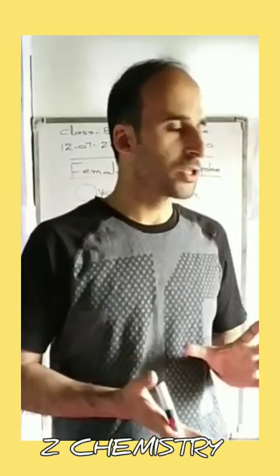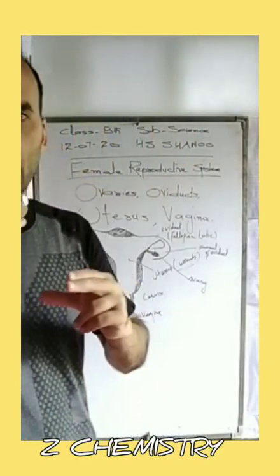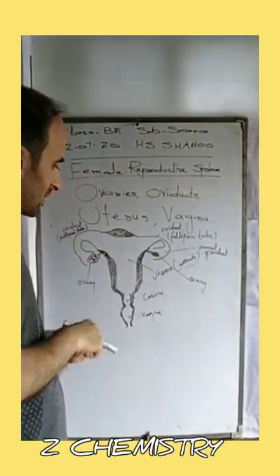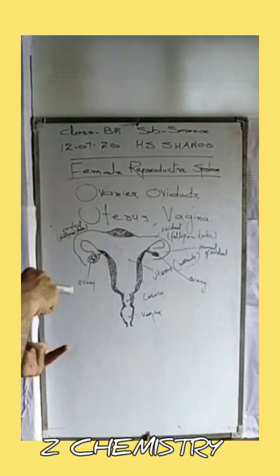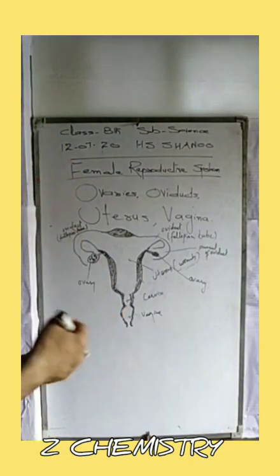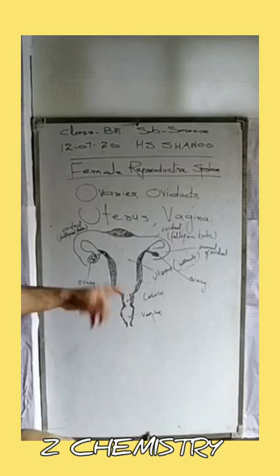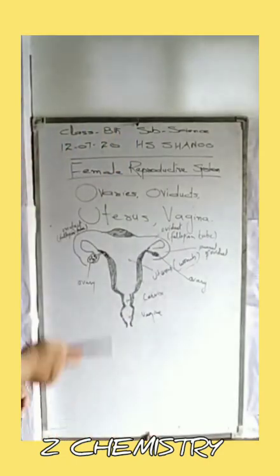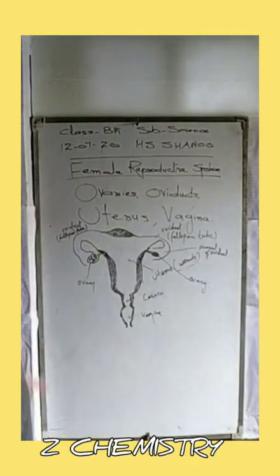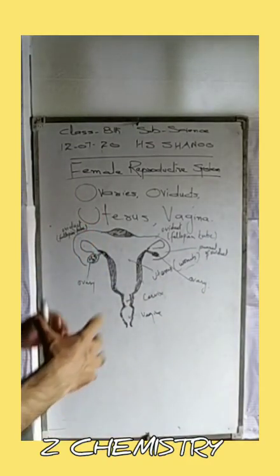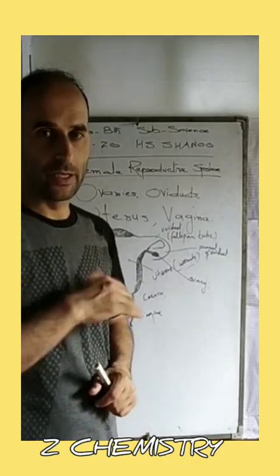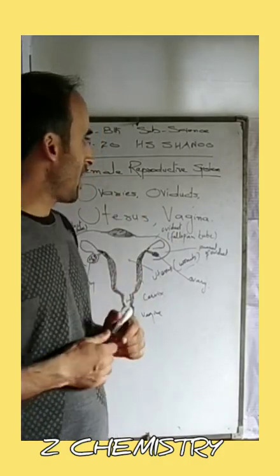During intercourse or the mating period, the male injects its penis into the vagina, and from there the sperm or semen travel into the uterus, where fertilization occurs. That is the brief introduction to the female reproductive system.